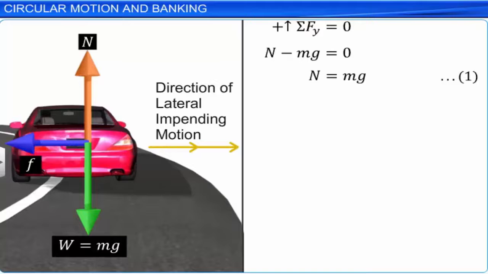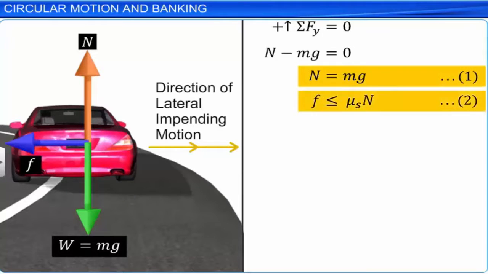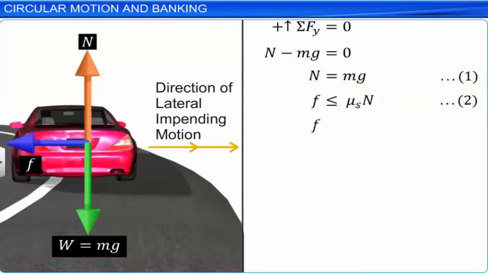This frictional force, F, is less than or equal to the product of the coefficient of static friction, mu s, and normal reaction, N. Let us call this equation 2. Substituting equation 1 in equation 2, we get F less than or equal to mu s mg. Let us call this equation 3.